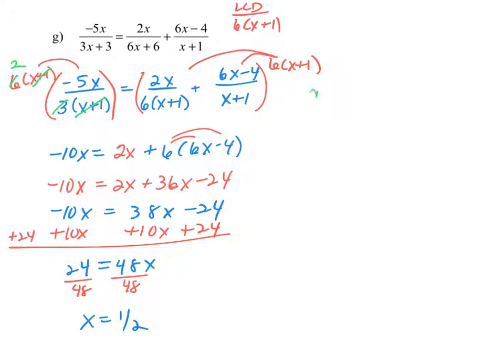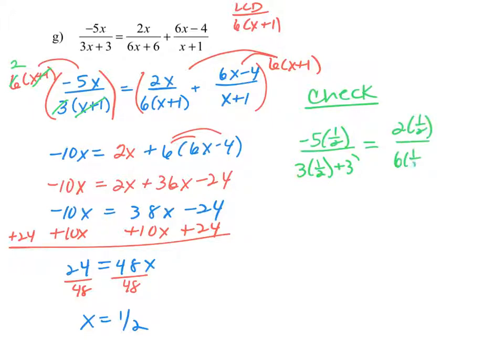So, as always, we want to check any solution when we're solving equations by plugging the answer back into the original equation. To get negative 5 times 1/2 over 3 times 1/2 plus 3 equals 2 times 1/2 over 6 times 1/2 plus 6 plus 6 times 1/2 minus 4 over 1/2 plus 1.